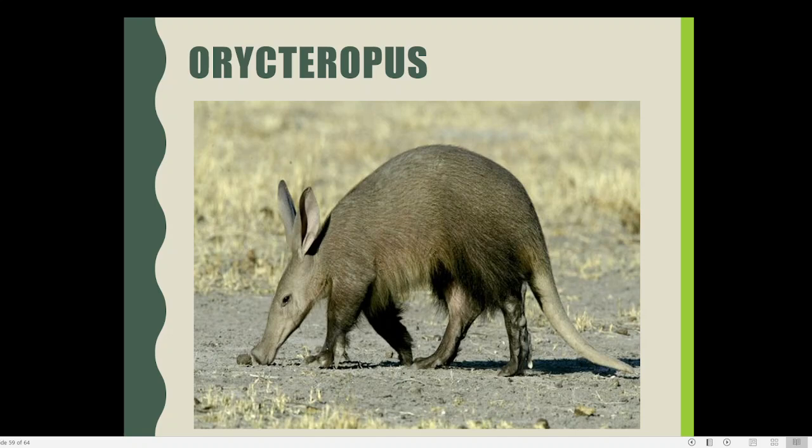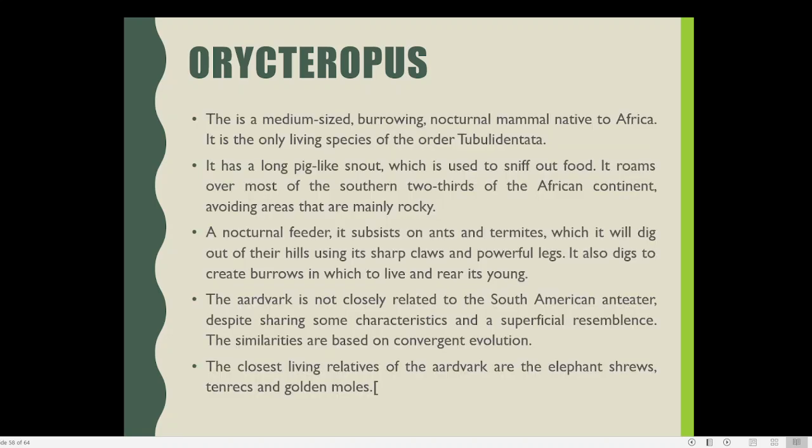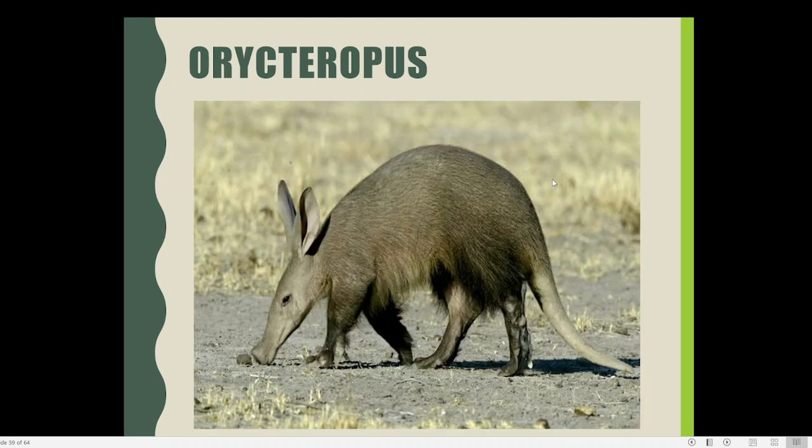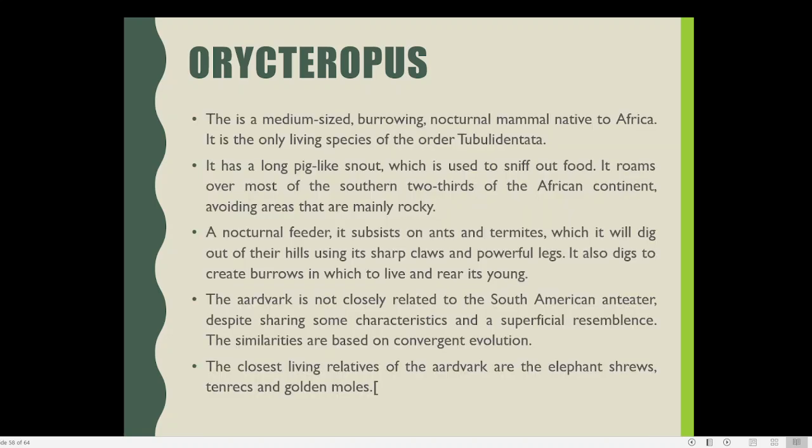So it has a long pig-like snout which is used to sniff out food. That snout or mouth is mainly used for sniffing. Sniffing means smelling. Sniff out food. It roams over most of the southern two-thirds of the African continent.